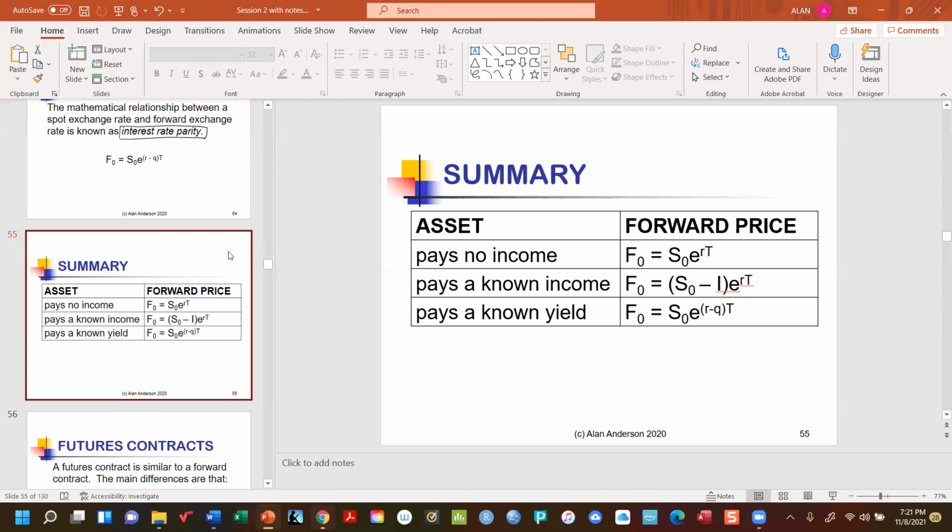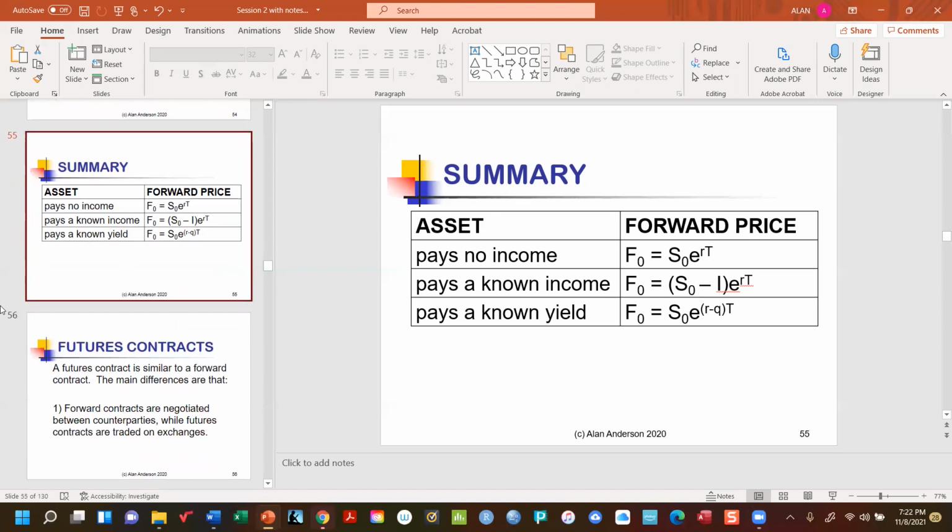These are a little bit more down to earth. It's easy to prove that these are no-arbitrage prices. The futures contracts are trickier because of the mark-to-market feature. That does make things a little bit more challenging. So we're just going to talk about the general differences between the forward prices and the futures prices, bearing in mind that they're going to be very similar to each other.